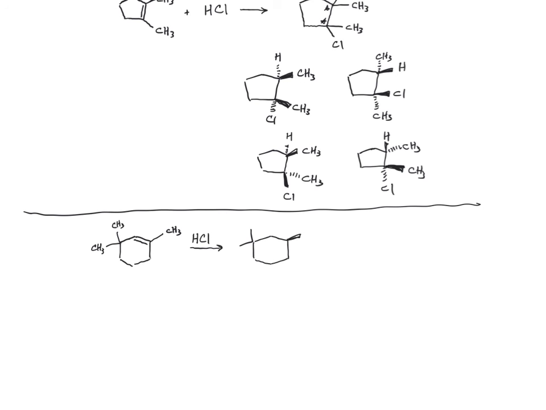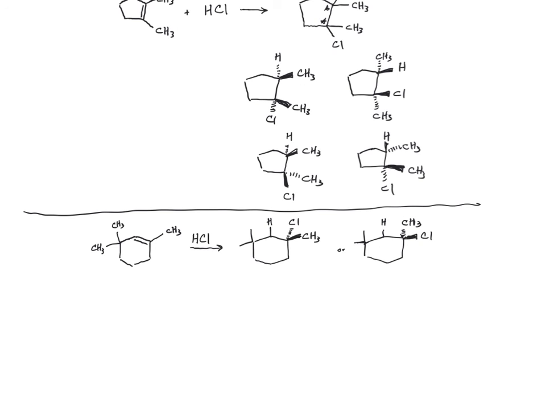Either we can have the chlorine wind up going back away from us, or we could have it coming out towards us. And as you can see here, these two are enantiomers.